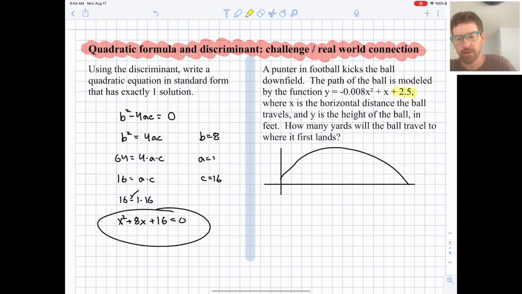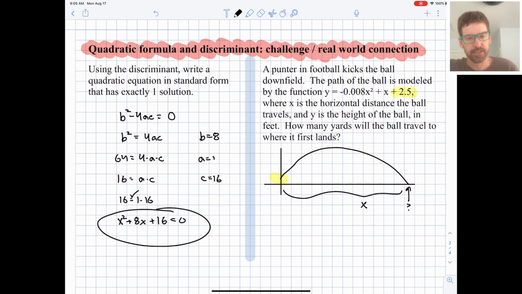We have a y-intercept of 2.5, so it looks like the ball leaves the punter's foot at 2.5 feet above the ground, which makes a little bit of sense. And we're wondering what that value is right there. In other words, what's x going to equal?